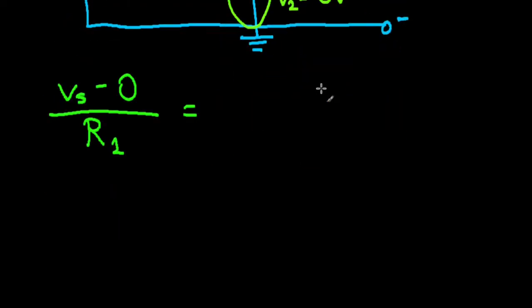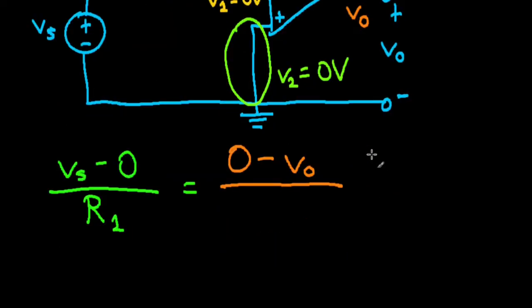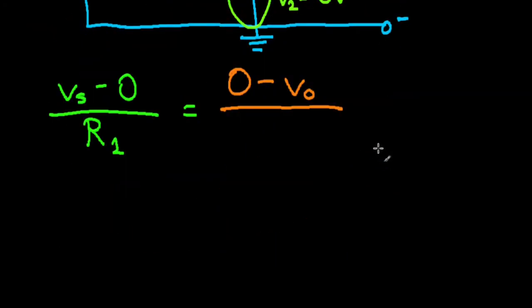That's the symbol. So here we have zero minus V output. We need to get the order right. The current is in this direction, that's why this minus this. The current flows from high potential to low potential. But anyways, yeah, that looks good.